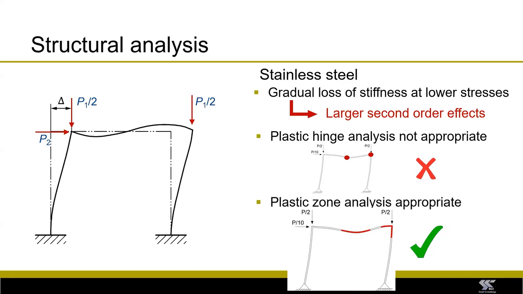So that means that plastic hinge analysis, in which you've got the plasticity concentrated at a discrete cross-section, is not so appropriate to represent the behavior of stainless steel frames. And instead, we've introduced the concept of a plastic zone analysis, which considers the spread of plasticity through the cross-section and along the members. So that's what you'll find if you look in 370 or the second generation Eurocode.